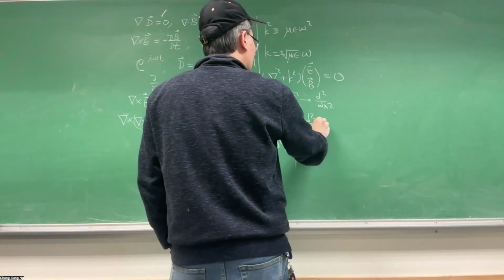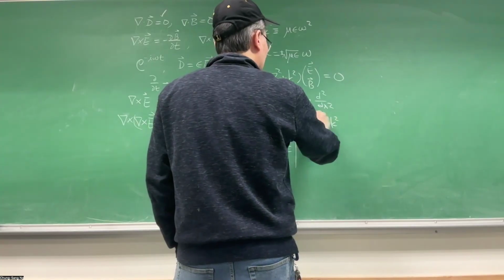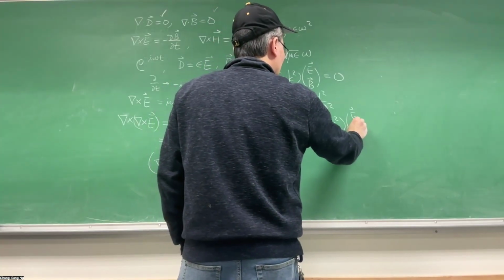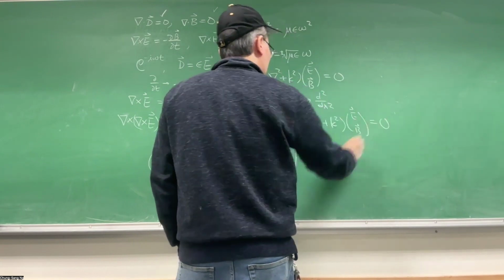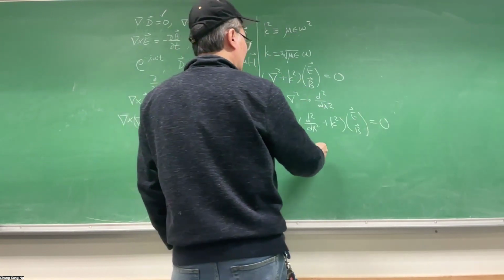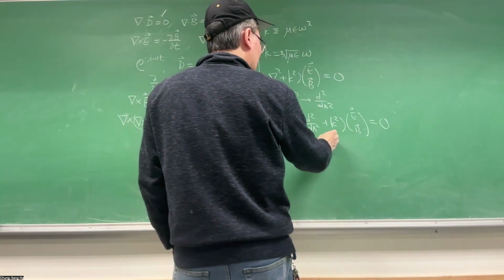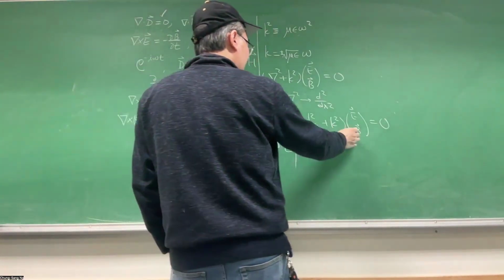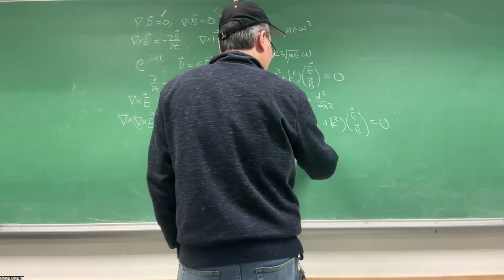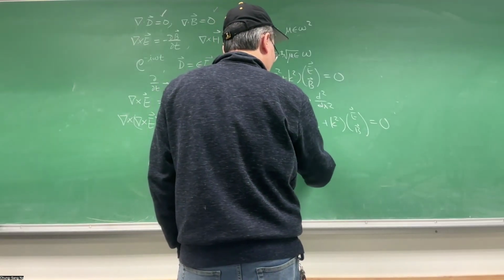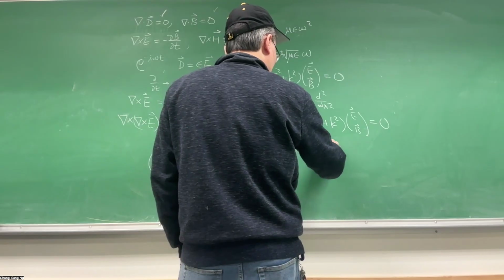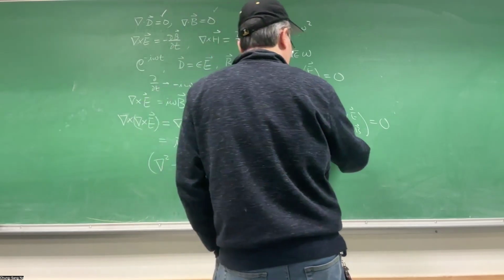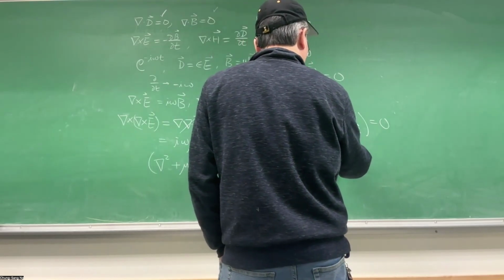So then the equation becomes simple. d squared dx squared plus k squared of whatever, E and B, equals 0. And so you know how to solve this right away. Everything will be proportional to, let's just write down the electric field, there's two possibilities.